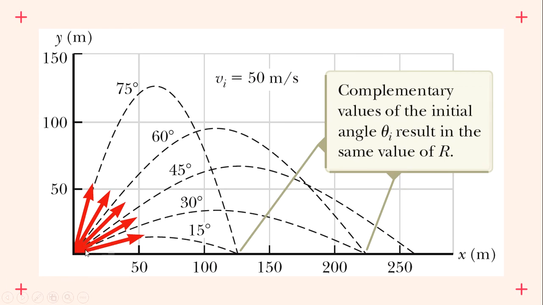So at 30 degrees like this, and at 45 degrees it reaches the maximum range. When you increase the angle of throw, the range will be equal to that of the complementary angle. So for example, 60 degrees gives the same as 30 degrees, and 15 degrees the same as 75 degrees.